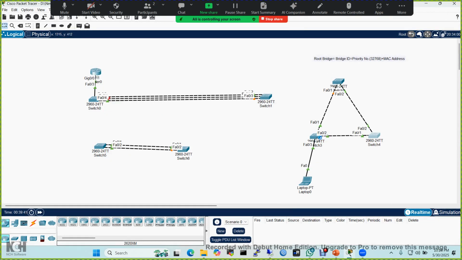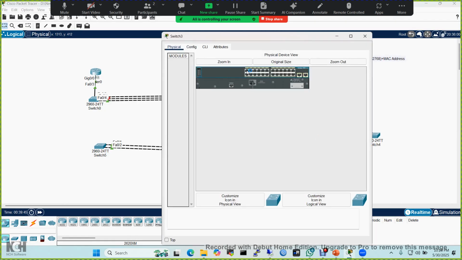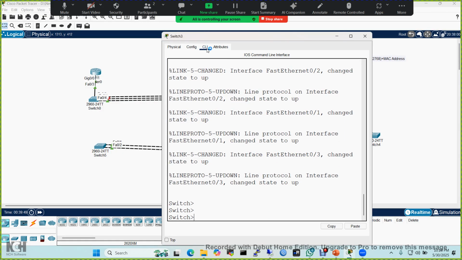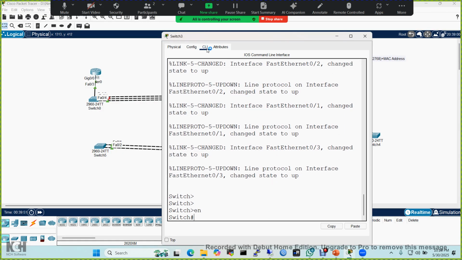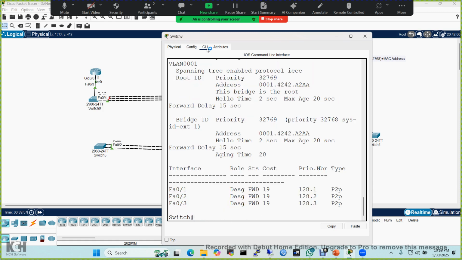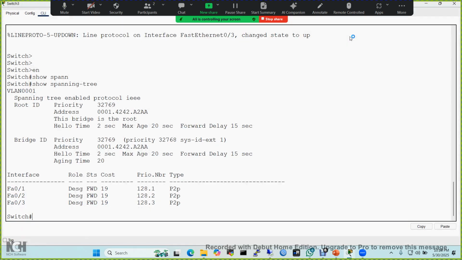Maybe this one. Make it big. Yeah, this one is the root bridge, because here is the MAC address of this switch.